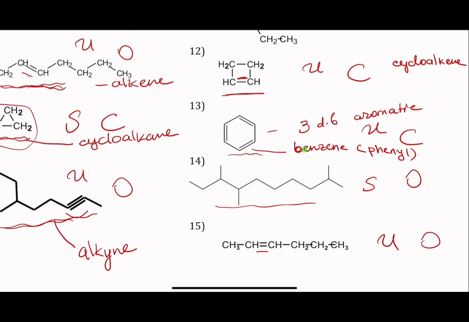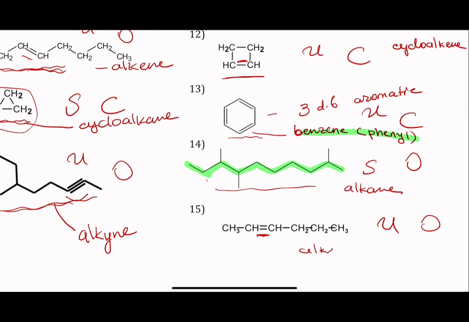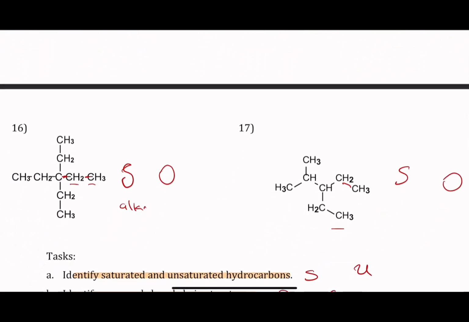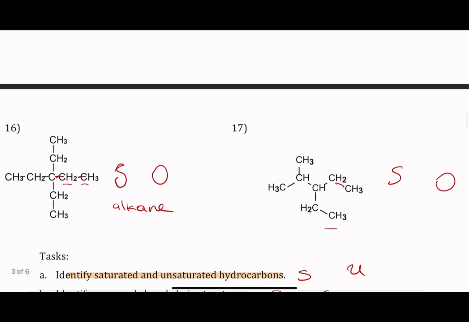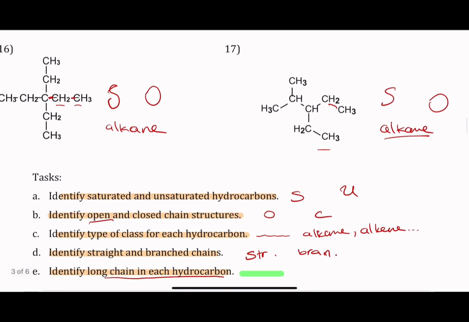Just have this in mind. And this one is just a line shape like this, so it is an alkane. This one has a double bond, it is an alkene. And this one here is an alkane as well, all single bonds. And this one here, an alkane as well, all single bonds.